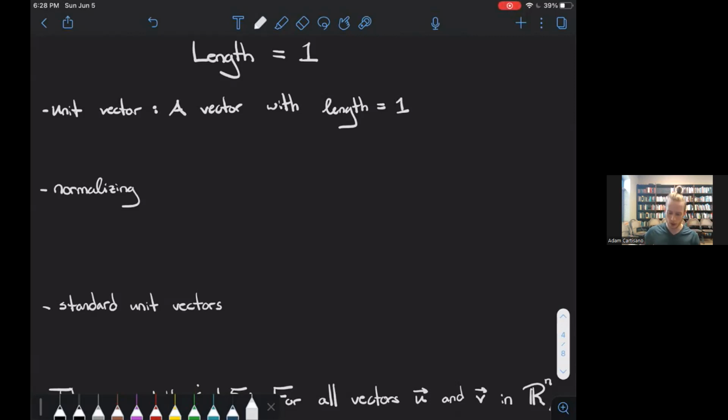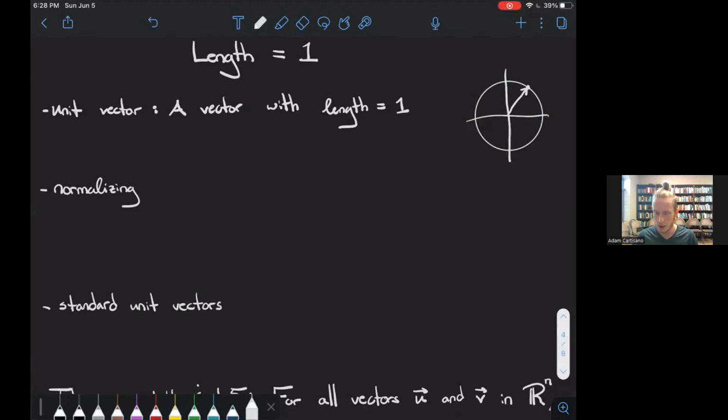What's nice, so unit vectors, by the way, are in 1-1 correspondence with points on the unit circle, right? Because, perfect circle. Because, right, any point on the unit circle, that's a point in the plane, it picks out a unique vector whose initial point is at the origin and whose terminal point is the point that you've chosen.